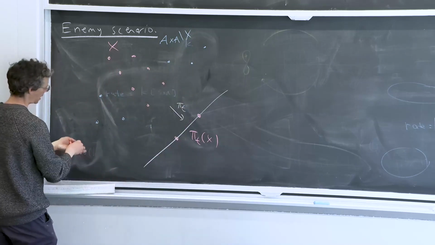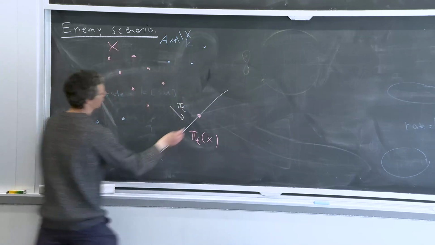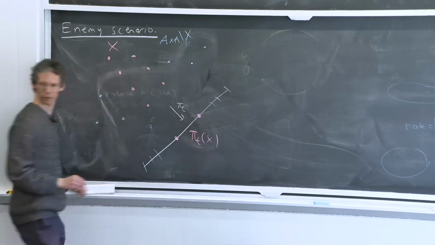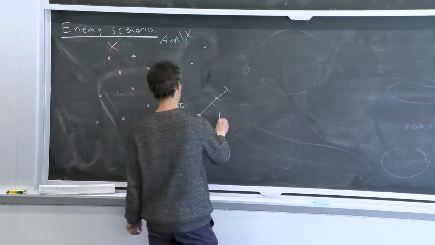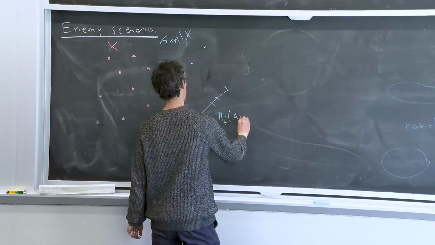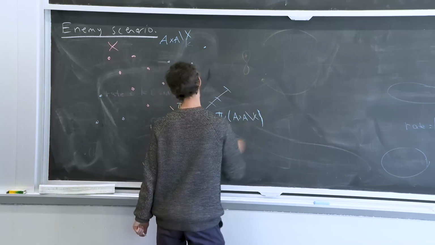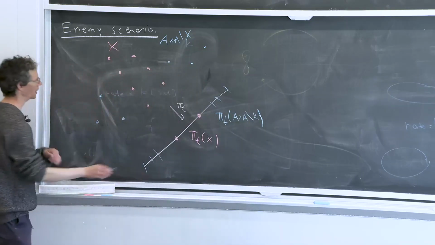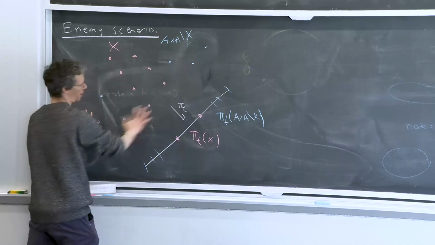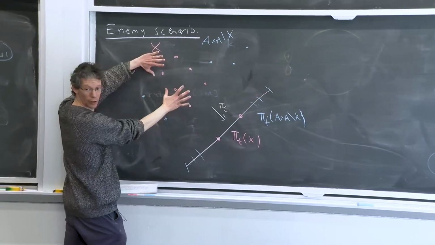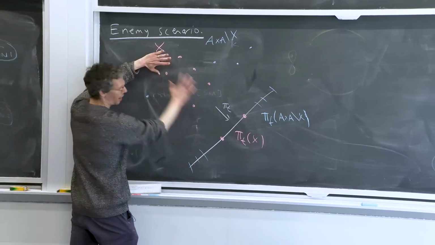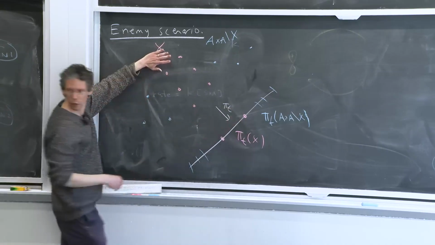And when we project that down, then we see a lot of stuff. It's pi t of A cross A without x. So we're worried that we may be so unlucky that even though pi t of A cross A is quite large, and even though x is a big chunk of A cross A, nevertheless, pi t of x is small. We're worried about that.